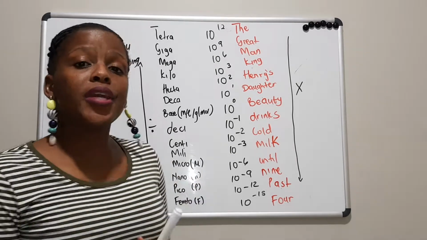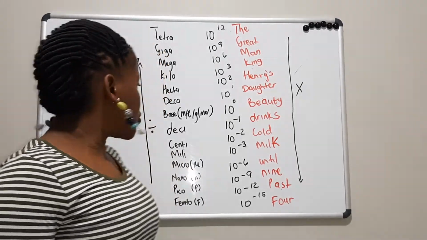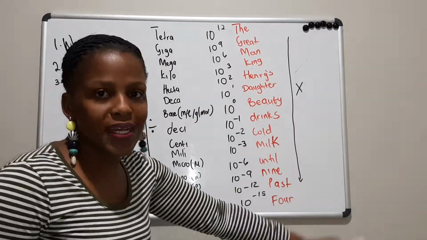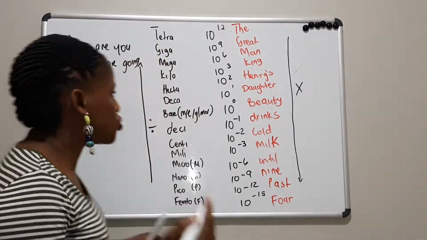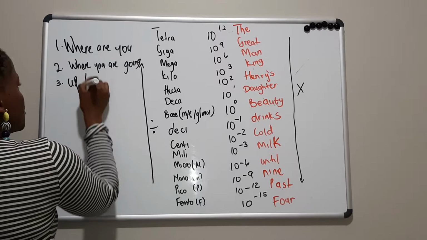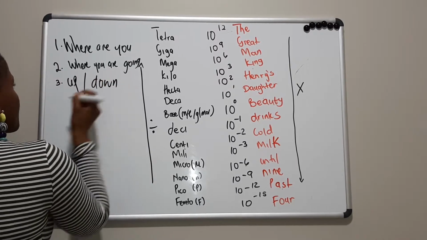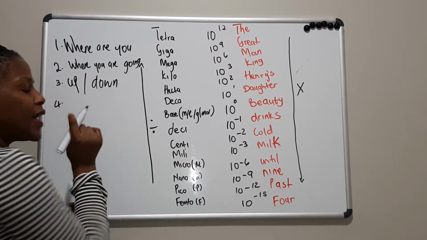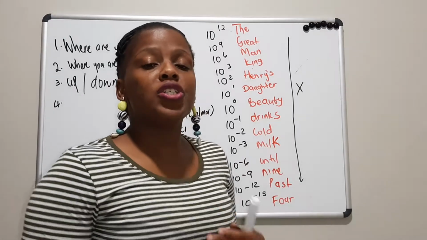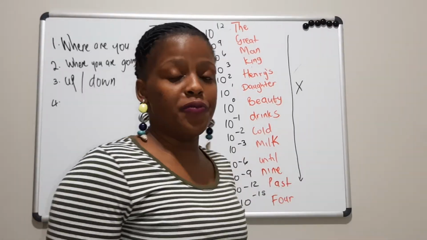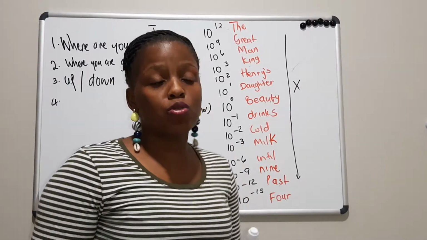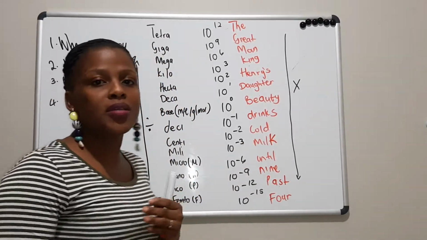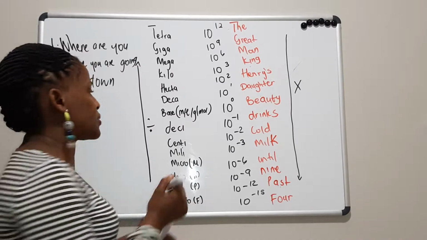And then number 3, you need to determine whether you are going up or going down, so that you can choose the appropriate mathematical sign to use. And then the last step, the 4th step, which is different from the step letter method: here you need to subtract to get the difference between the exponents.